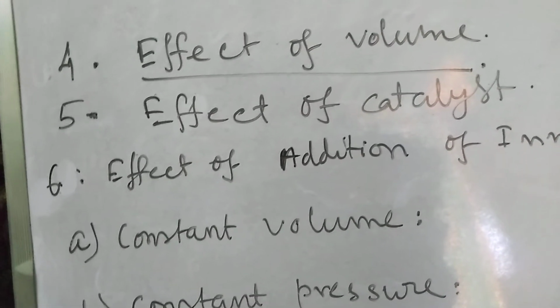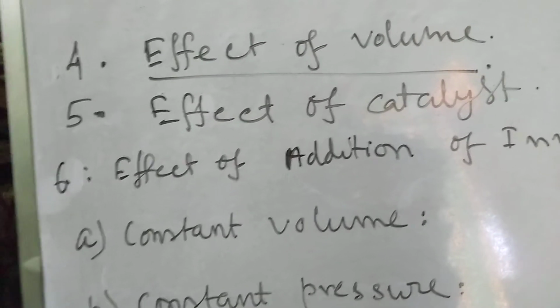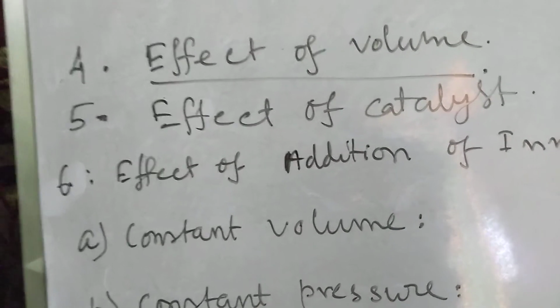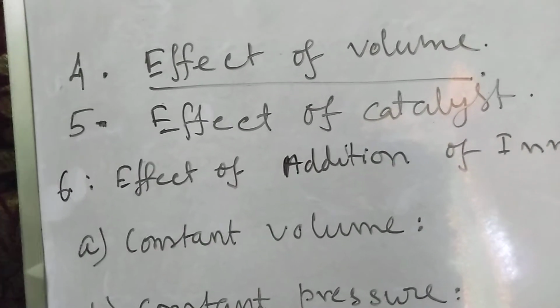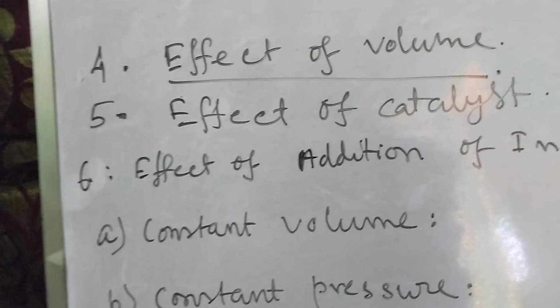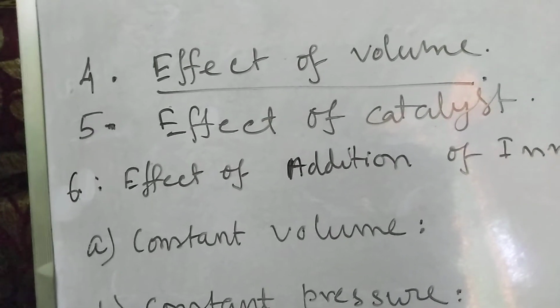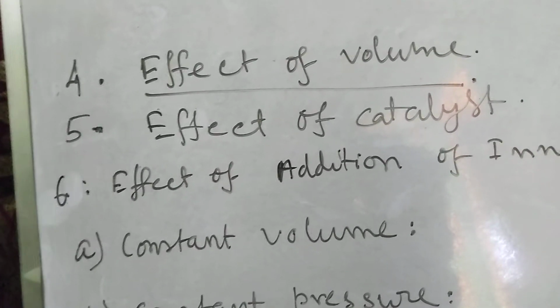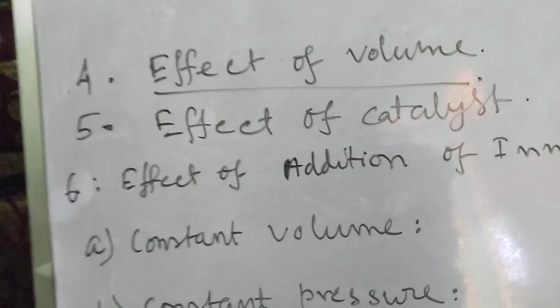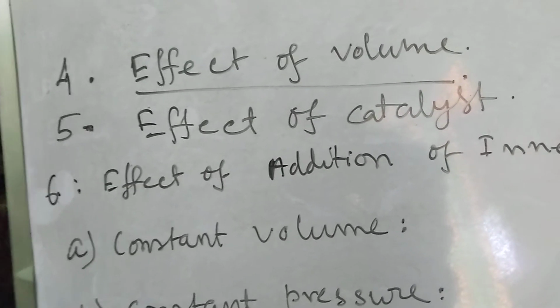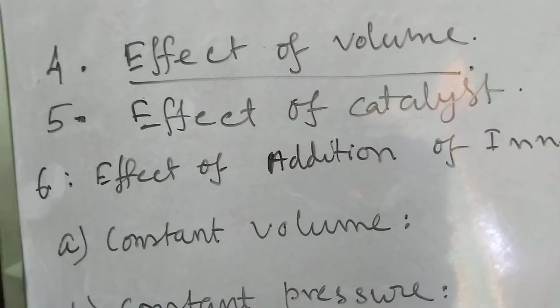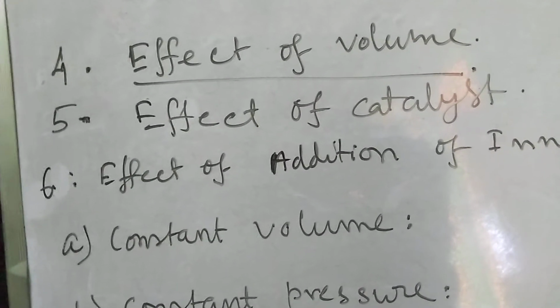Catalyst only helps to attain equilibrium faster, but addition of catalyst has no effect on the backward or forward process, because the catalyst speeds up both the forward and backward reaction, and it just helps to attain equilibrium faster.